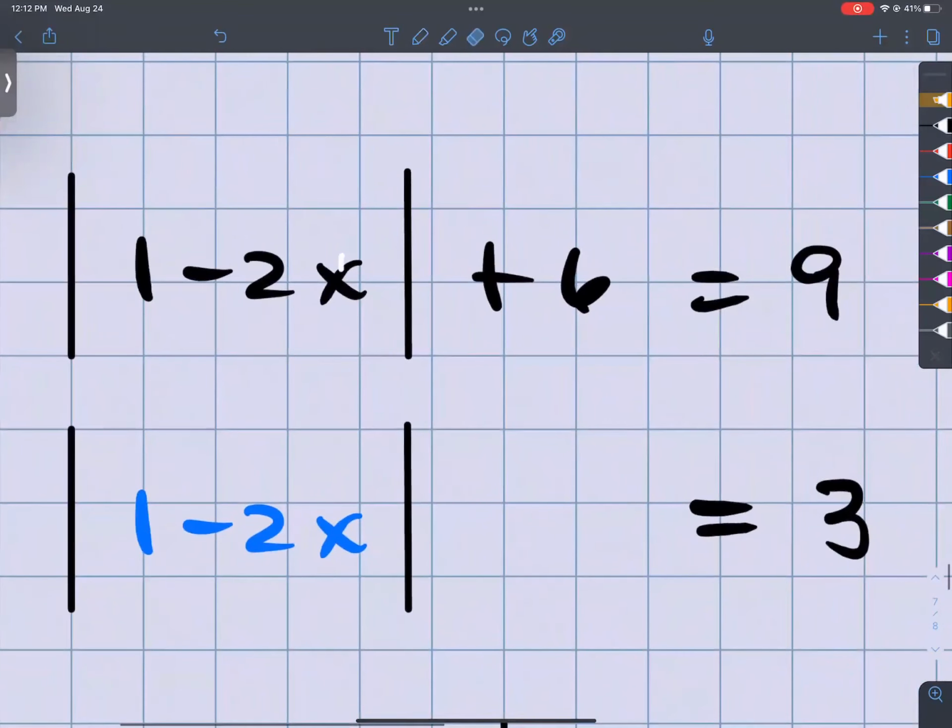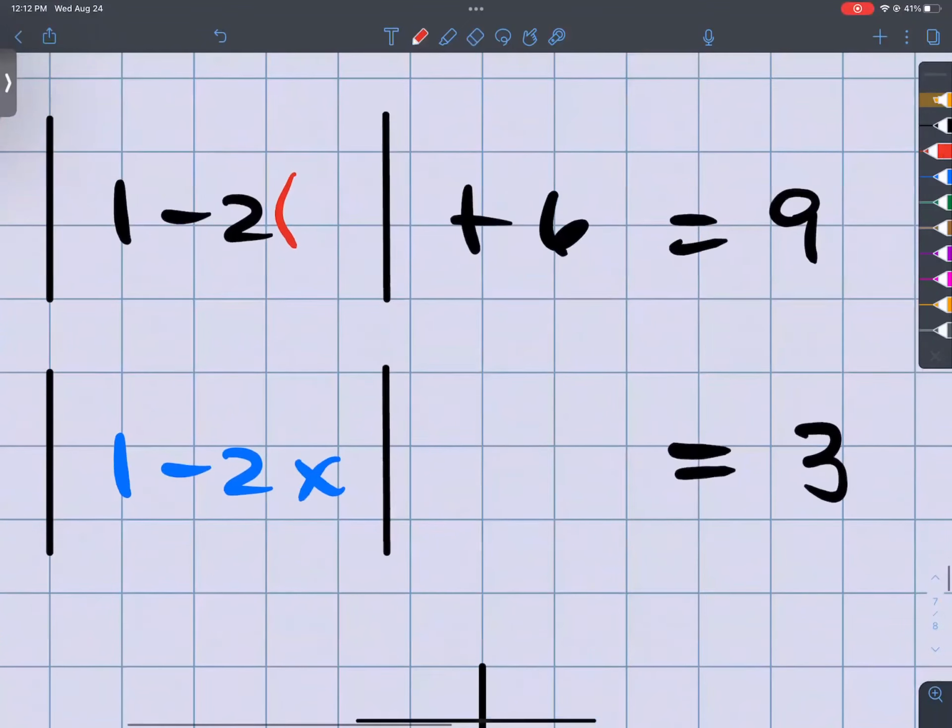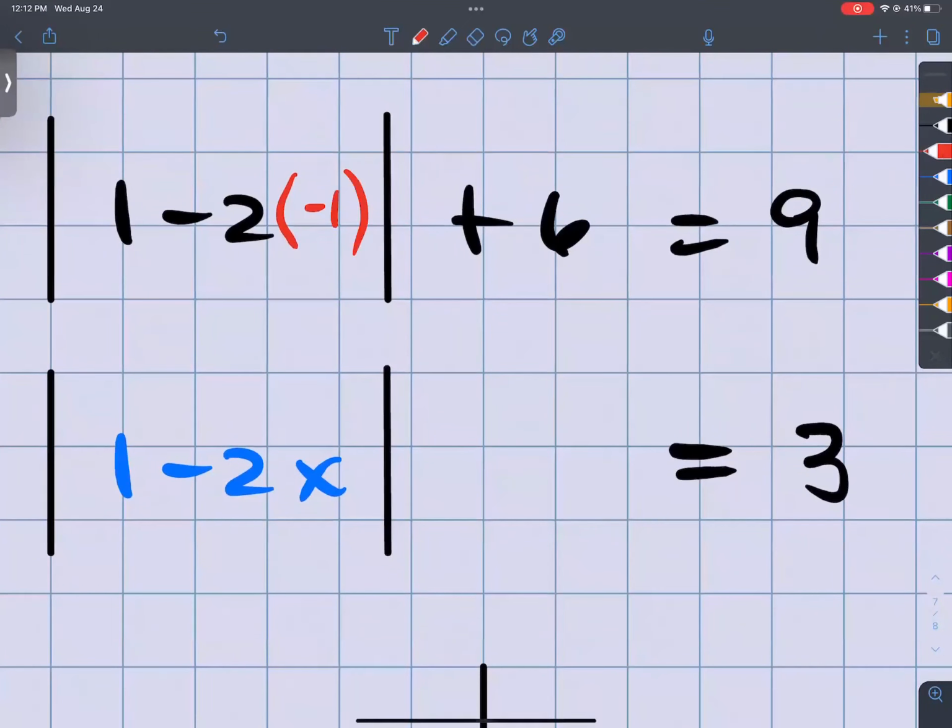Let's go ahead and replace this with, what was it, -1? So what's -2 times -1? Positive 2. So 1 plus 2 is 3. The absolute value of 3 is 3, right? Plus 6 would be that. All right.